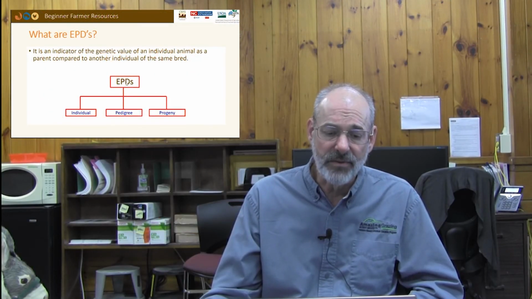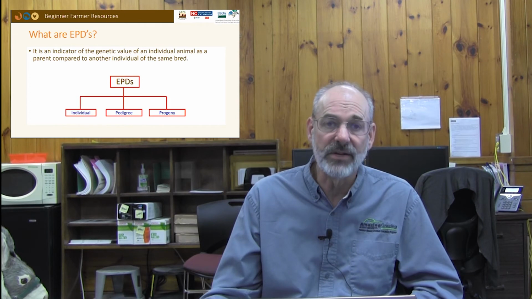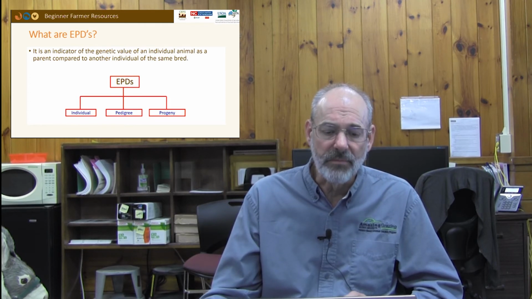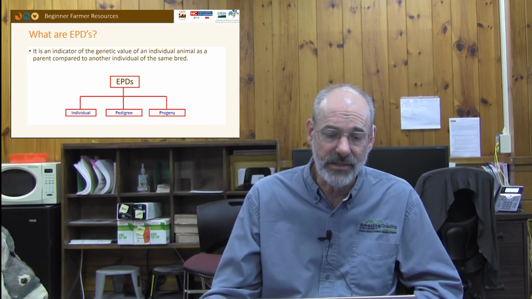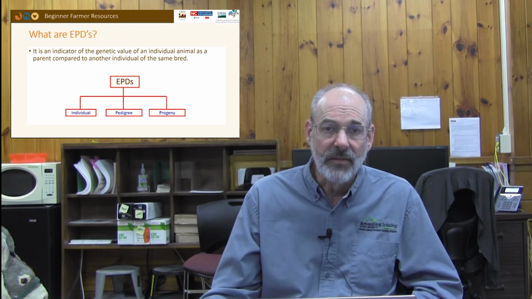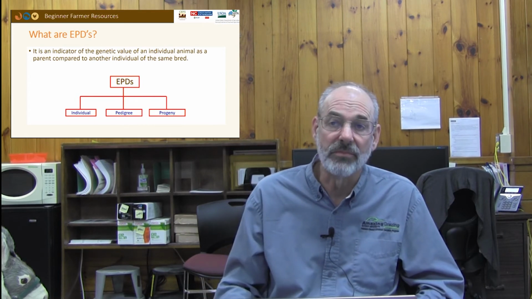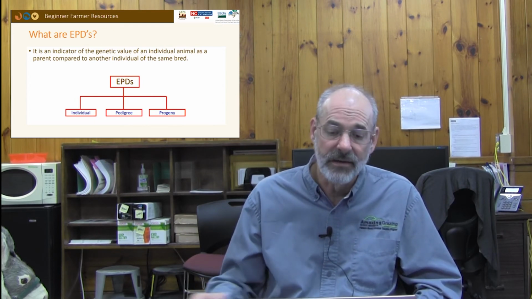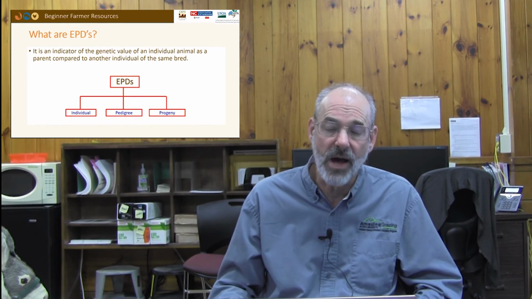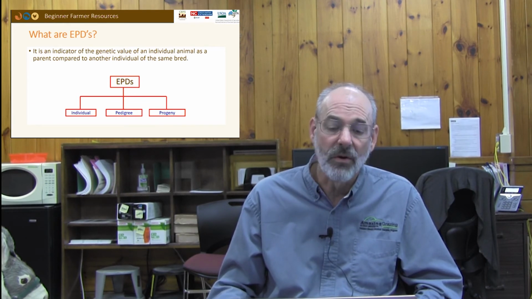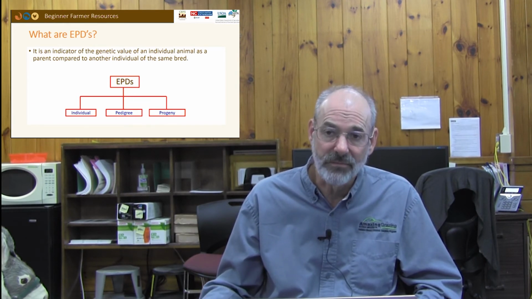We need to be aware that the EPDs are based on the individual's performance, their pedigree's performance, and the progeny performance. So when you look at a bull that's in an AI stud that you can get semen on, they have a lot of information on that bull himself, but they also know brothers and sisters and how they did, and they also know all of the progeny or the offspring of that bull, or of all of their pedigree, of their sisters and brothers.